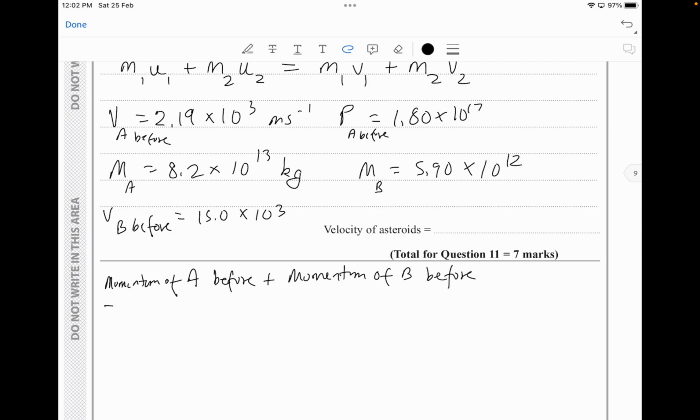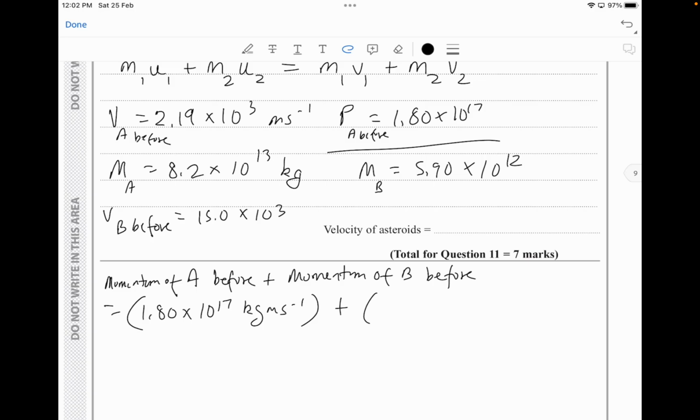The momentum of A before, we know, is 1.80 times 10 raised to the power of 17 kilograms meters per second, and you're going to add it to the momentum of B before.